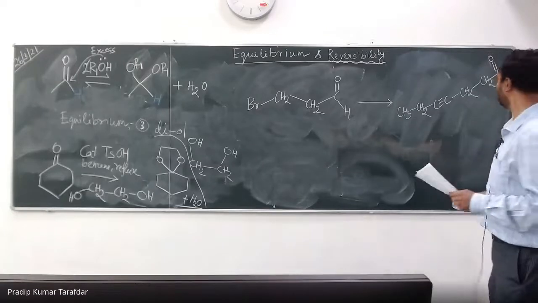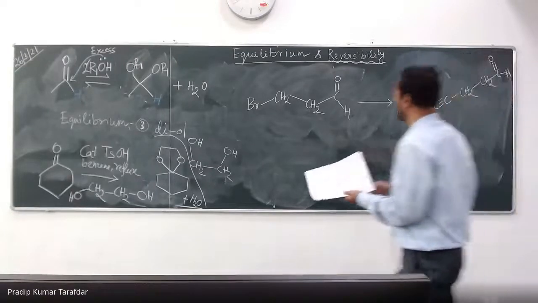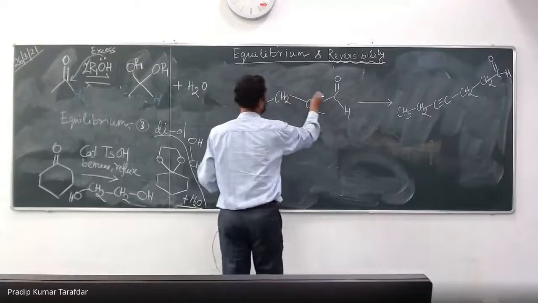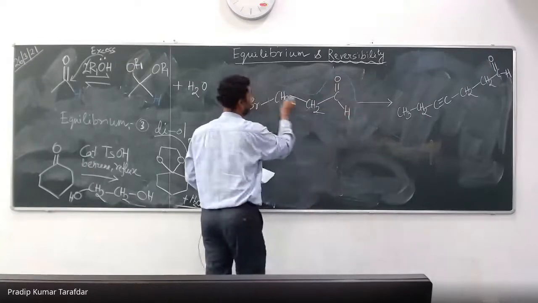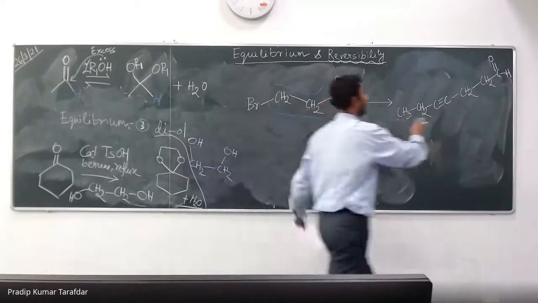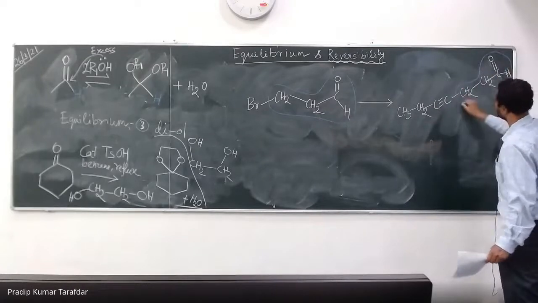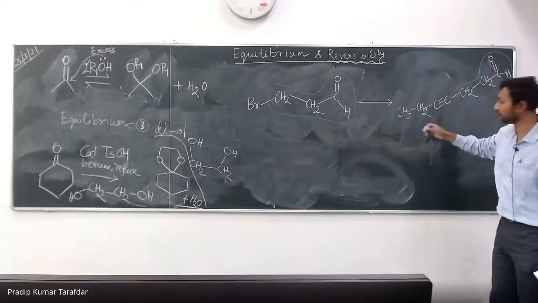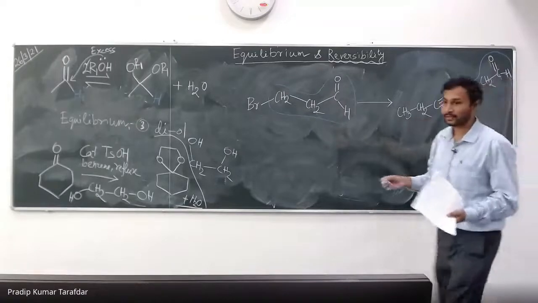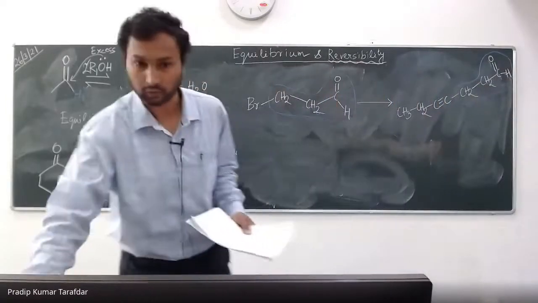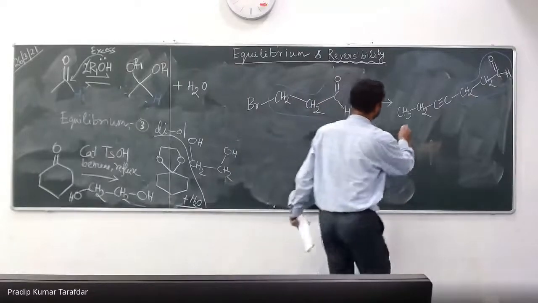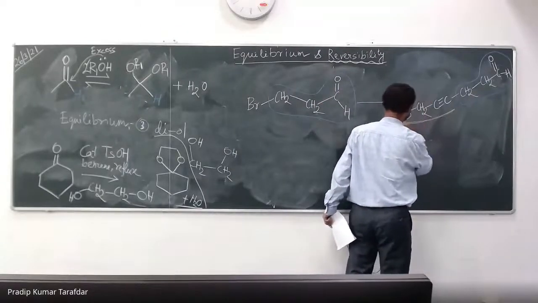So that means this part, 1, 2, 3, 1, 2, 3, is there in my starting material. What I have to do is only join this part.